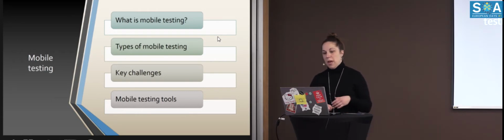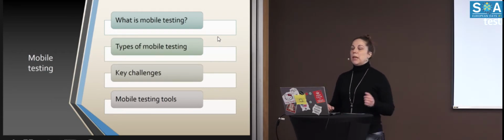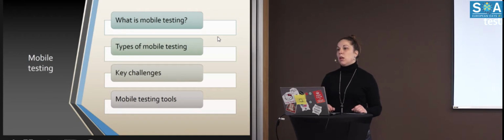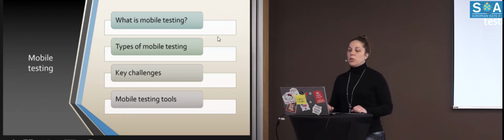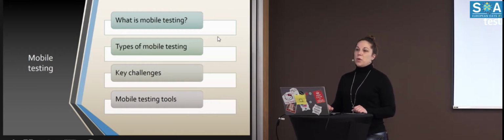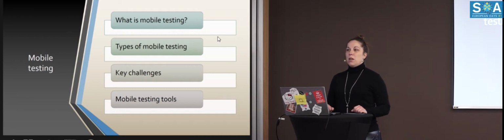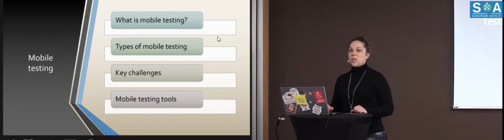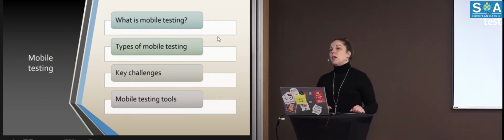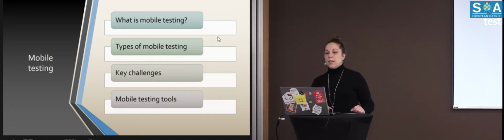We can do it manually, and we can also do it with automation. We have various types of mobile testing. The first, and probably the most important for most testers, is functional testing. And we cover all functionalities like that.